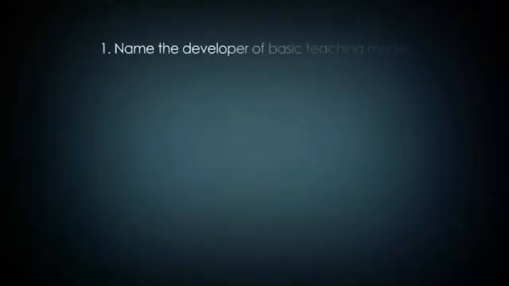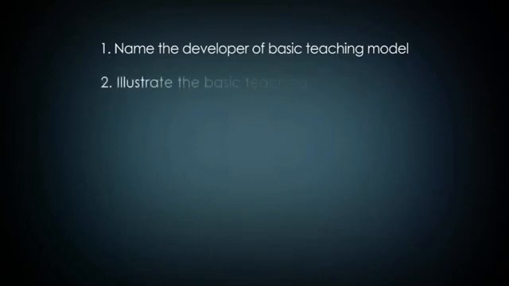For instruction to be effective and systematic, the instructional objectives are stated in behavioral terms. Example: after the lesson is over, the student will be able to, number 1, name the developer of the basic teaching model. Number 2, illustrate the basic teaching model.